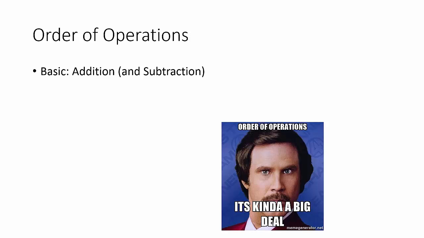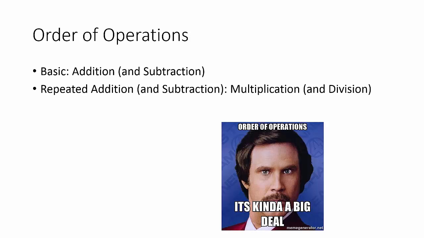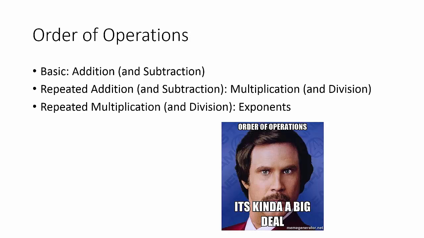The whole idea behind order of operations is if we consider the most basic of operations, addition and subtraction. And if we did repeated addition to get a more complex operation, repeated addition is multiplication and repeated subtraction is division. So multiplication and division are kind of more powerful than addition because of that repeated nature. Of course, if we repeat multiplication and division, we end up with various types of exponents.